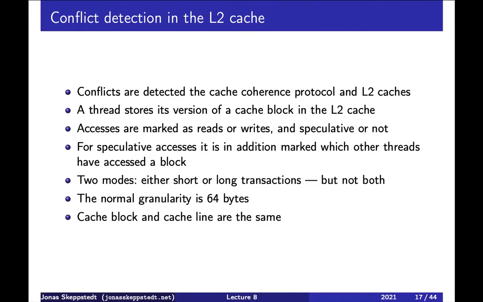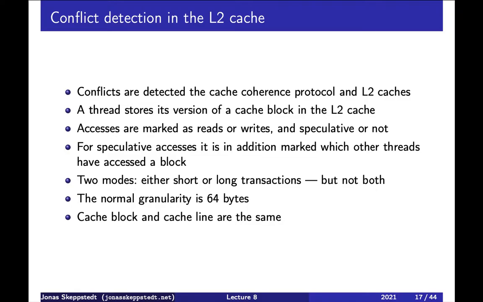And by knowing this, the hardware can detect that there are two threads, meaning transactions, that have accessed the same cache block, and at least one of them has modified that cache block. And then it can trigger that a transaction should be aborted.